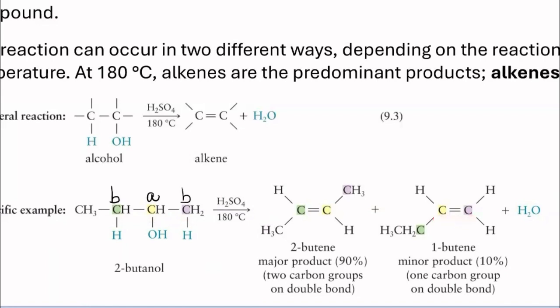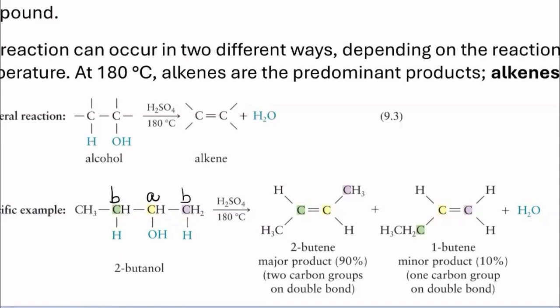Remember that the removal of the atoms to form the water happens one at a time. So as long as the beta carbons are tetrahedral and contain hydrogen, we can make different alkenes.